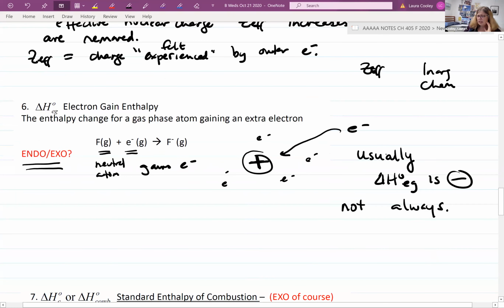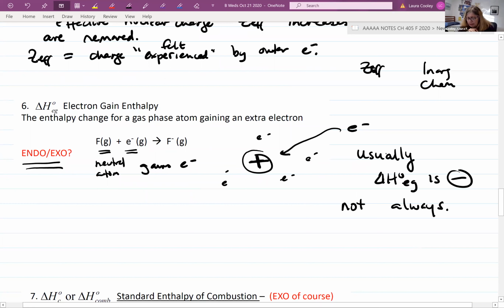And I remember one time looking in my Gen Chem book at electron affinities, which are very closely related to this quantity. I noticed that there were some blank spaces, and that all the values that they gave were negative. Then I started looking into it, and I discovered that the ones that are blank are the ones that are believed to have positive electron gain enthalpies.